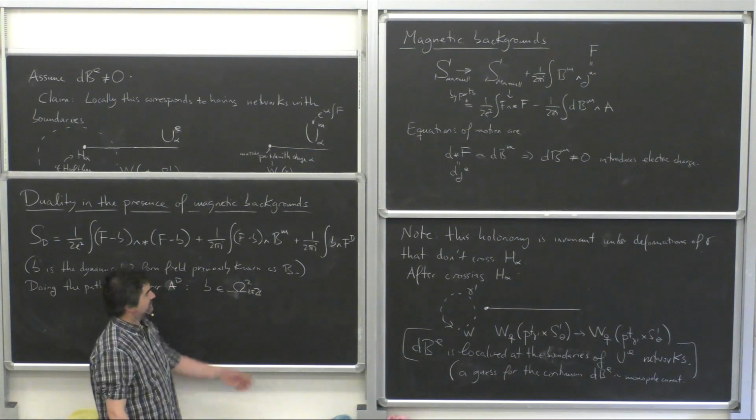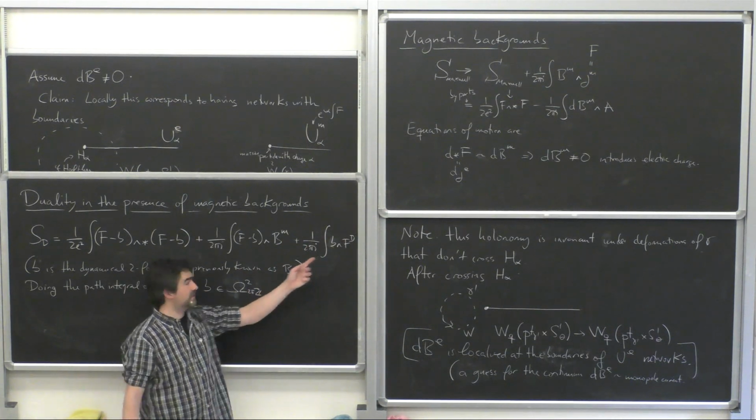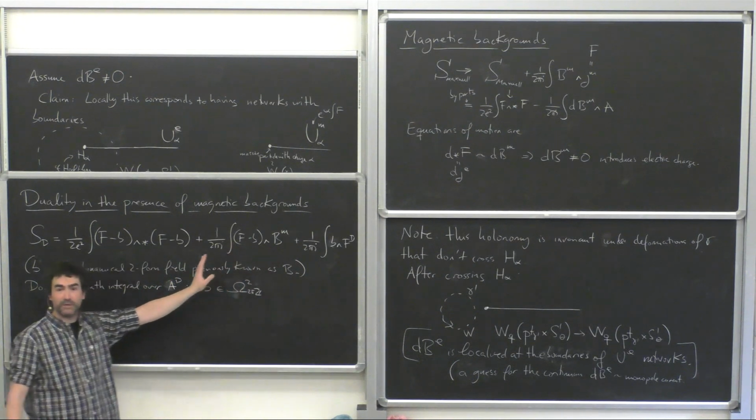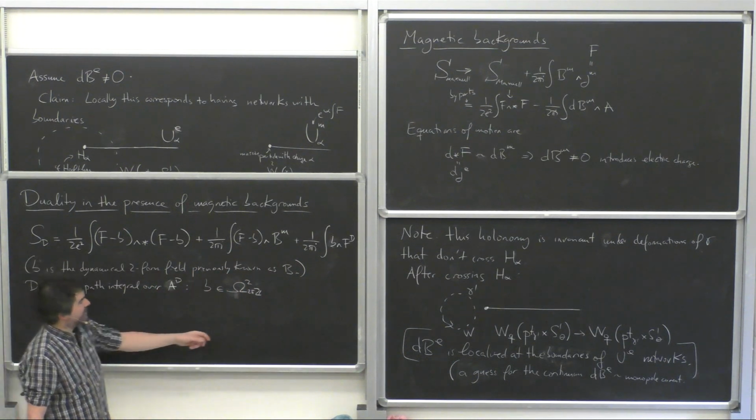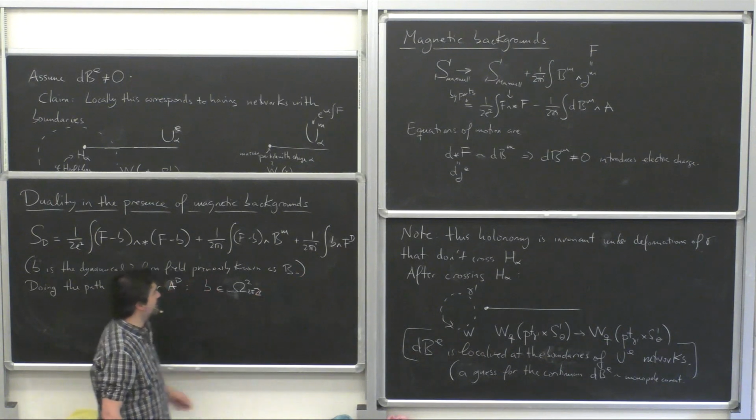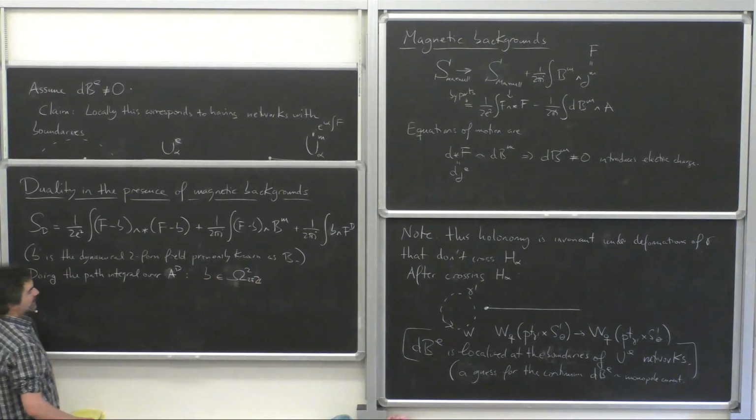That doesn't change. I'm just talking about this term here. The fact that there's an extra term with a B M here doesn't change anything for that argument. The Lagrange multiplier, F D, will impose that B is pure gauge. And then I can gauge it away.